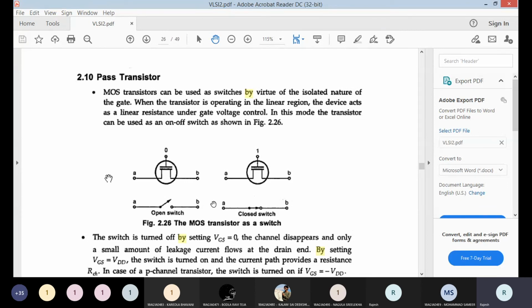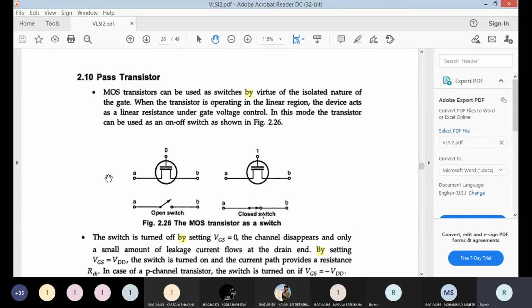But you apply logic 1, which is VDD, you get VDD minus VTN. What is VTN? This is the minimum voltage needed to establish the channel. So when you apply logic 0 at either end, you get the same output.